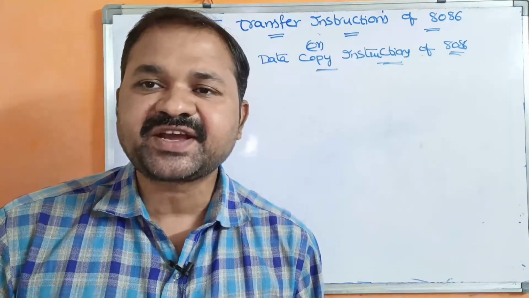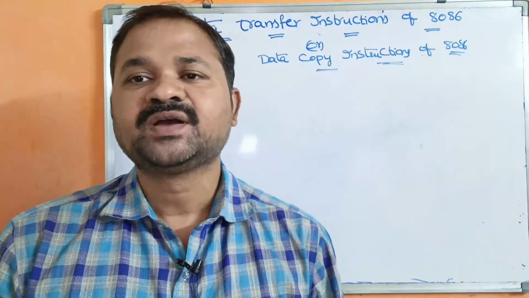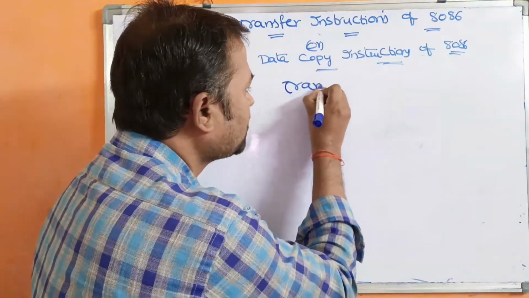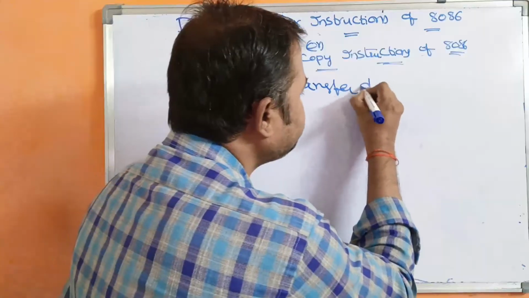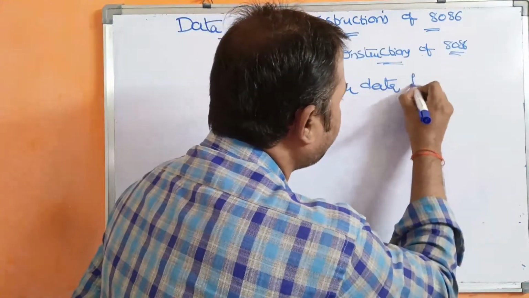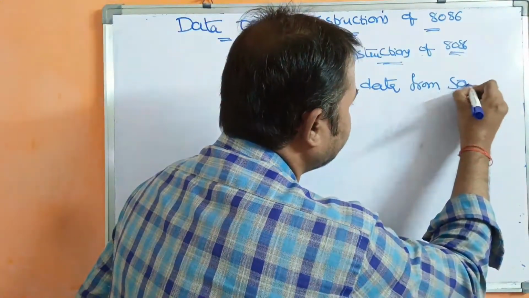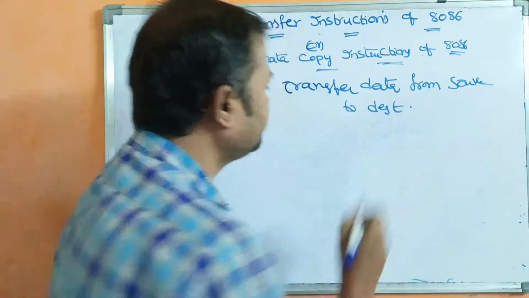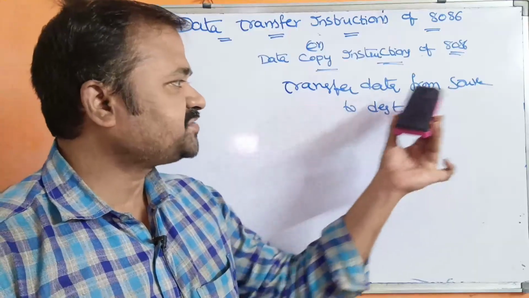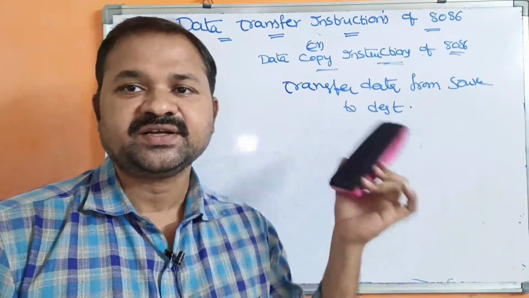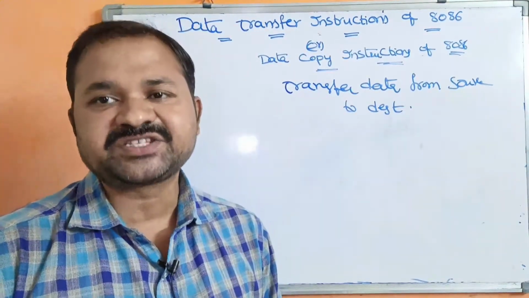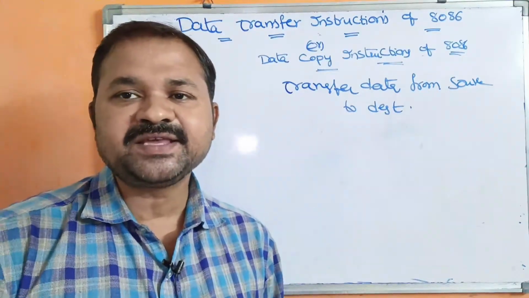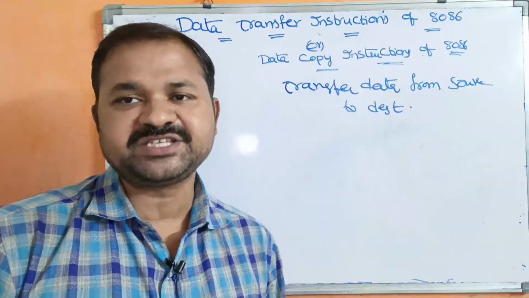Data transfer instructions are mainly useful in order to transfer the data from source to the destination. Here the source and destination may be either a memory location or a register.